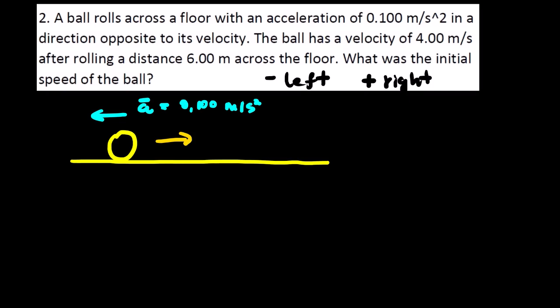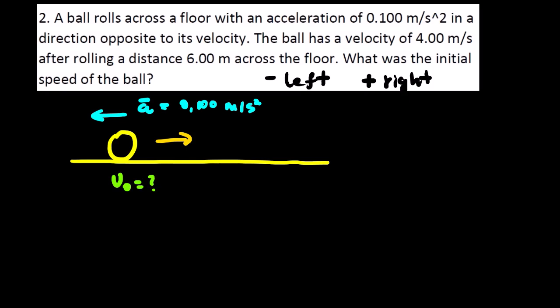The ball has a velocity of 4.00 meters per second after rolling a distance of 6.00 meters across the floor. What is the initial velocity? So in this case, we have the initial velocity, which we don't know.